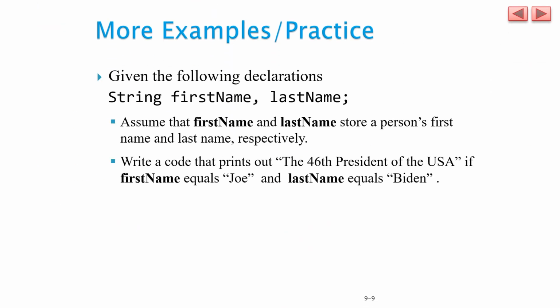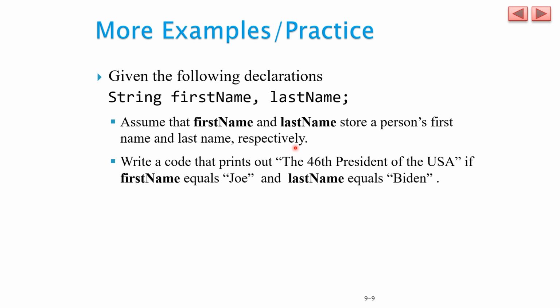Here's another example that serves as an exercise for you to practice comparing strings for equality. I give you the following declarations for the variables firstName and lastName as strings, and assume that firstName and lastName store a person's first name and last name respectively.